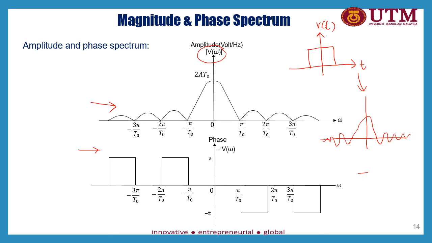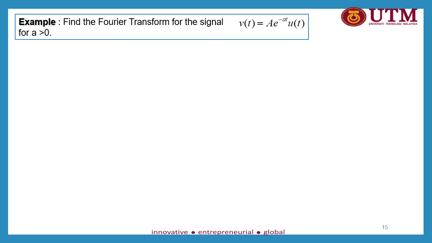So negative to positive, that's a shift by pi. That's why you will see either positive pi or negative pi. If you derive back the sinc function into exponential function, you will see that's a double-sided spectrum with alternate phase shift. Okay, let's have another example.